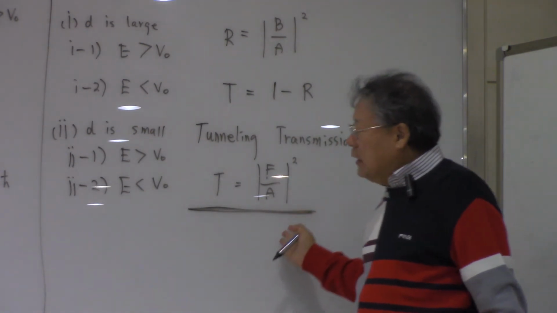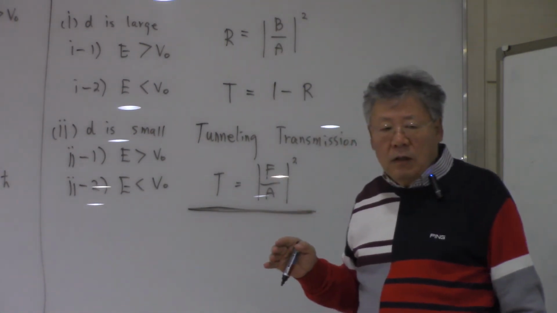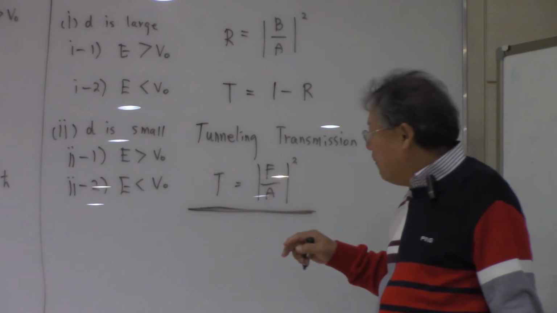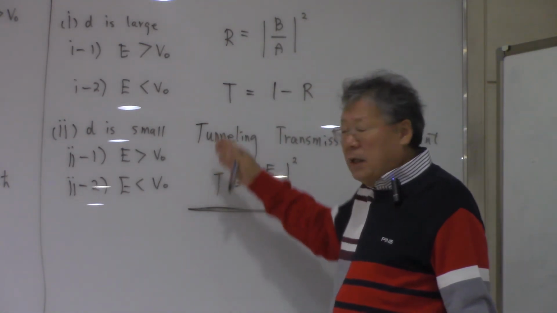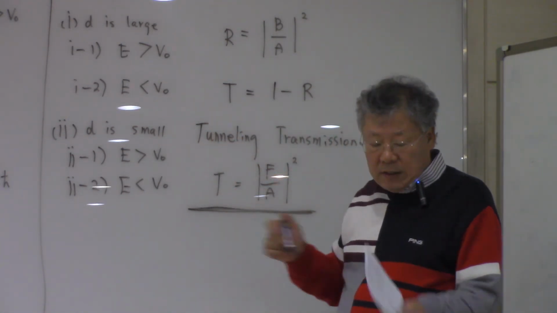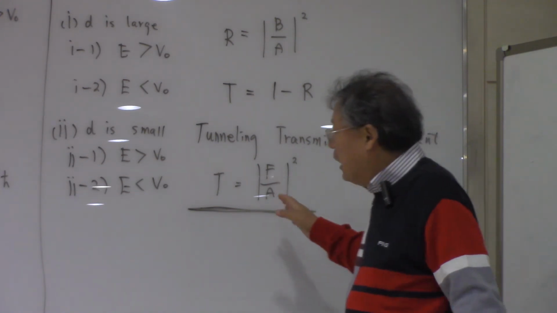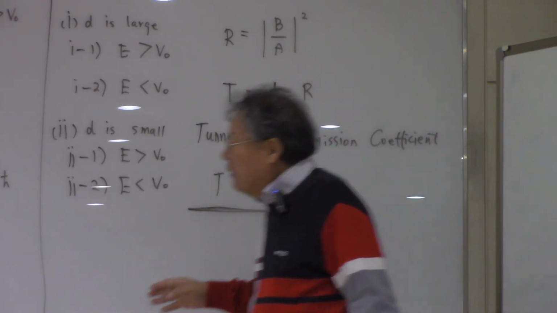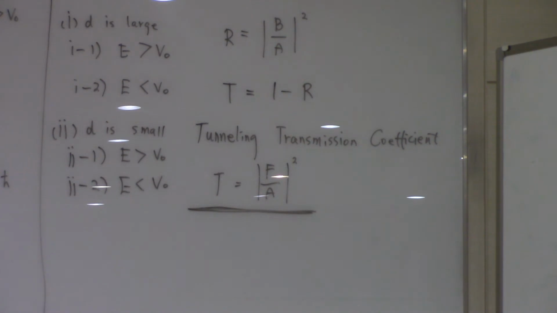In the classical concept, this cannot be calculated. Tunneling cannot happen if the energy of the electron is less than the barrier height.